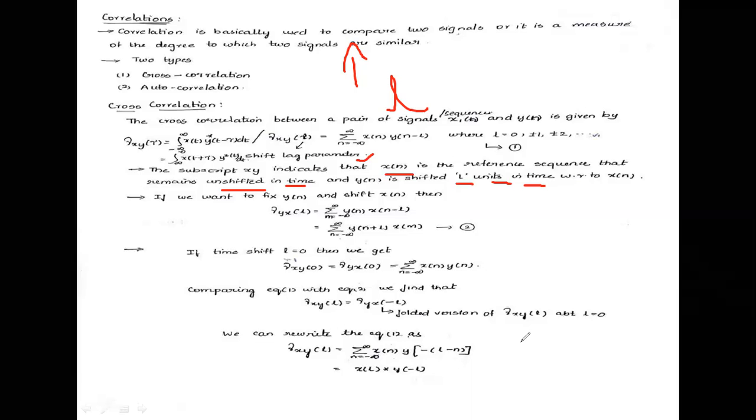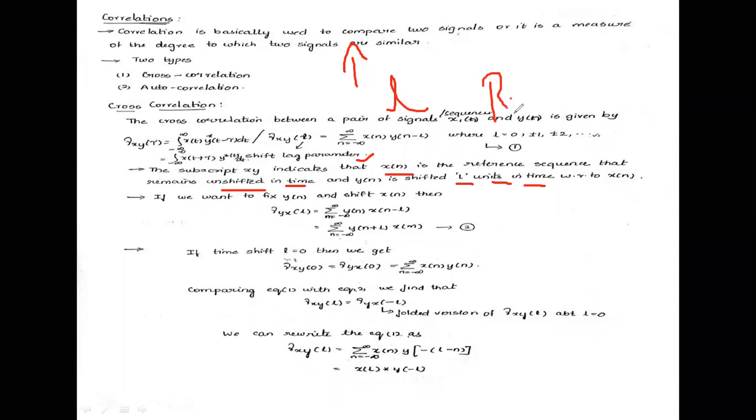Otherwise, both are not equal. So the correlation does not obey the commutative property, like convolution. Like convolution, the commutative property is not obeyed in the correlation.